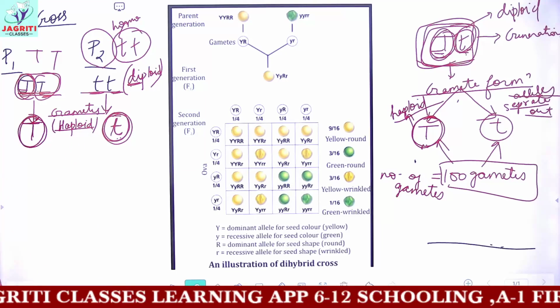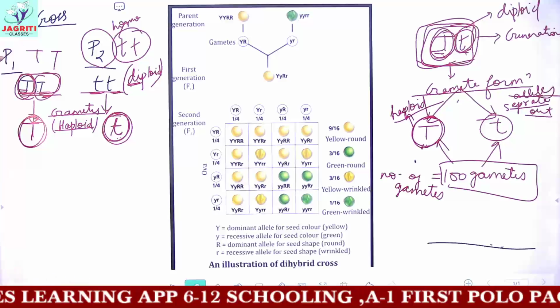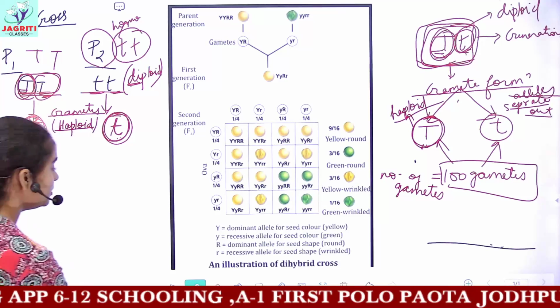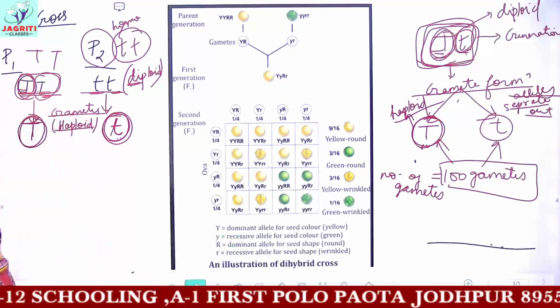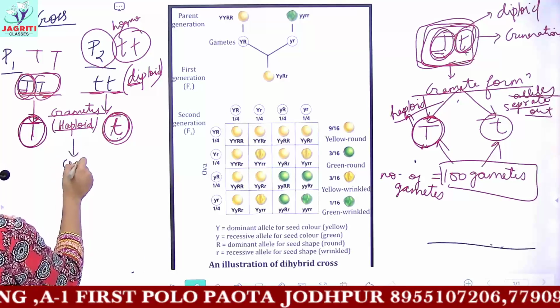And after the formation of gametes, do you remember the next step? First one was selection of parents and writing the genotype of parents. The next one was formation of gametes. Now what was the third step? The third step was the cross between the gametes formed.